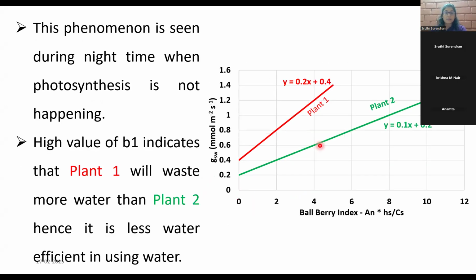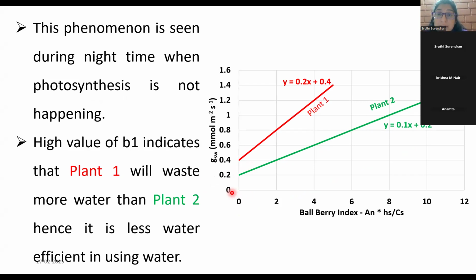Now, when I say that the intercept is larger or intercept is lower, it means that for when usually the photosynthesis is very negligible. In case of C3 plants, during night time, the photosynthesis is going to be very negligible. So during that time, the stomatal conductance is what is being given by this intercept value of the Ball-Berry curve.